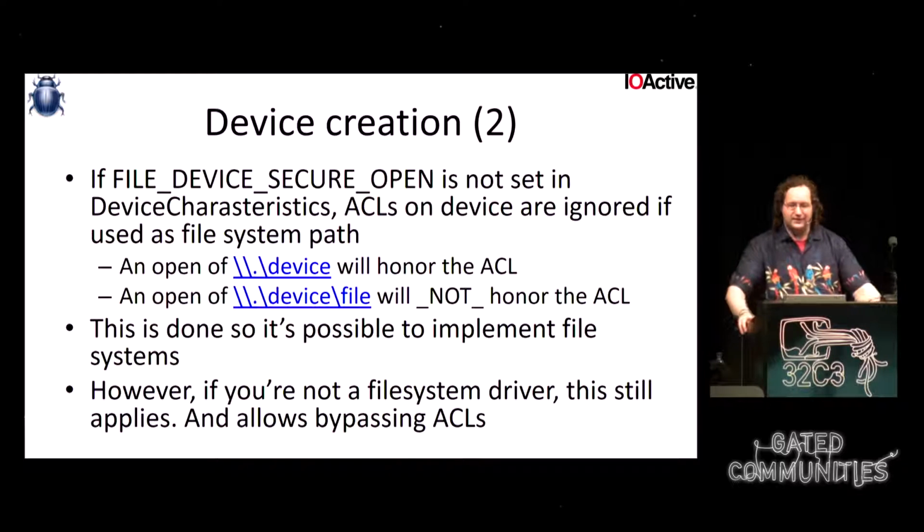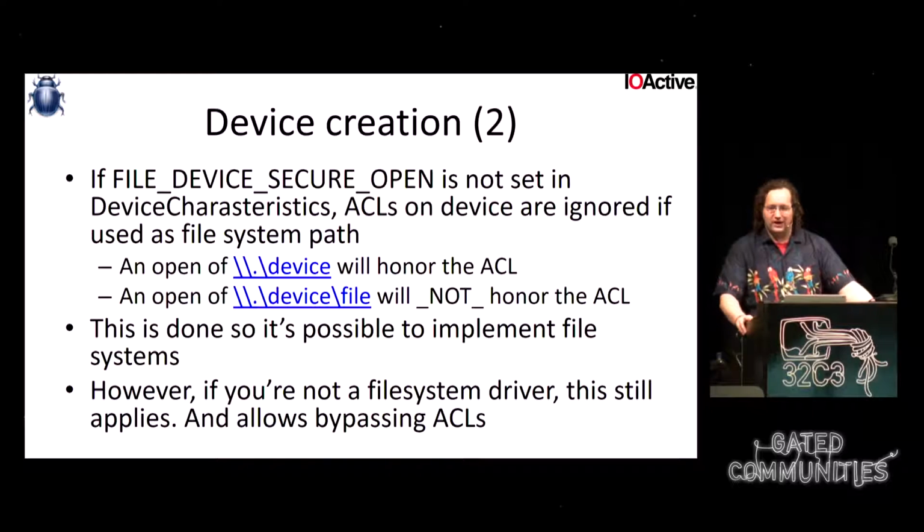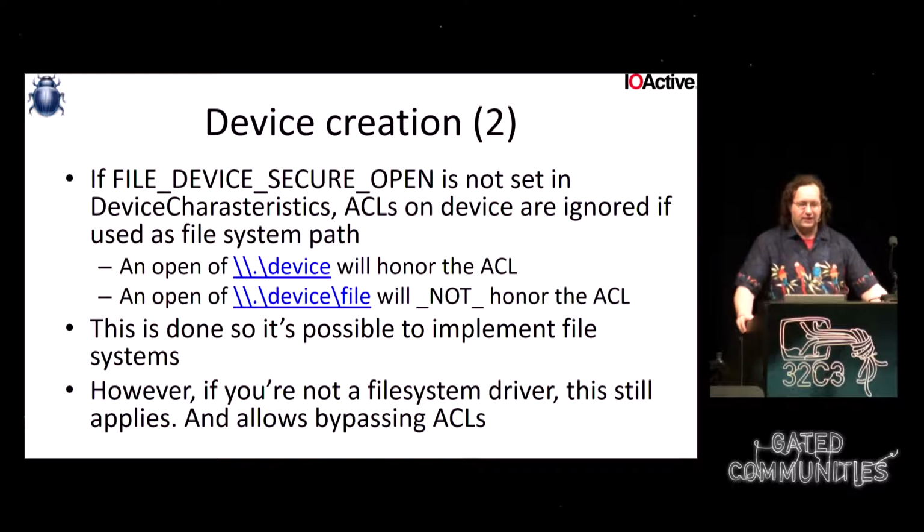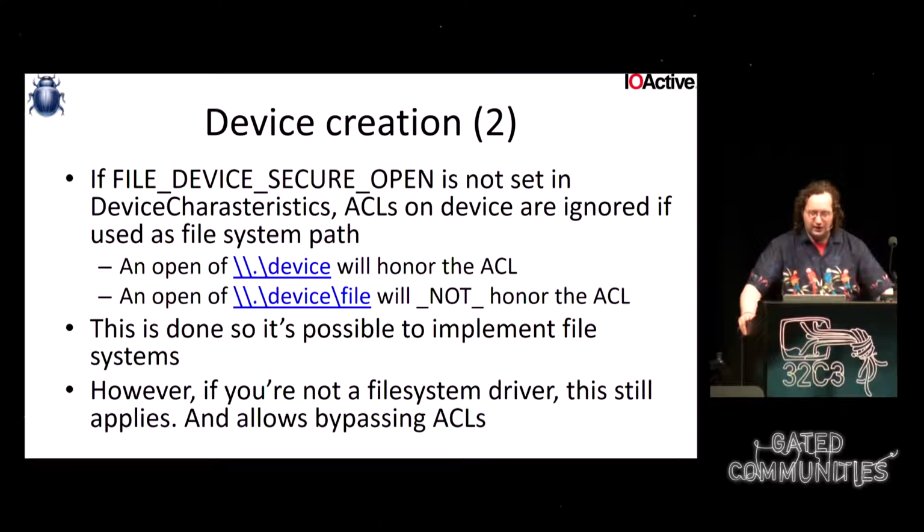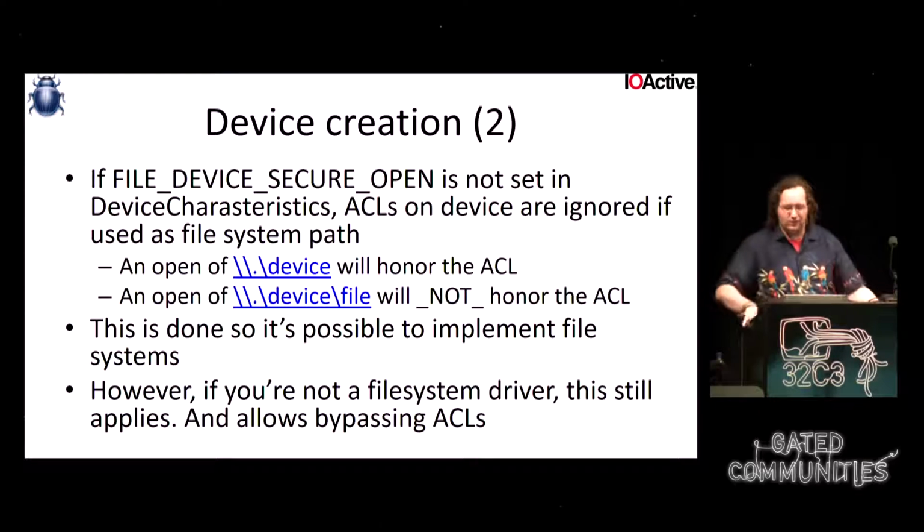What that means is that when you open a device, the IO manager assumes that it has directories and files. So if, instead of opening the device, you open device/file, the IO manager looks at it and says, oh, I don't have to apply the ACLs here. The file system has to do it. I'll just go to the file system device and let it handle it.